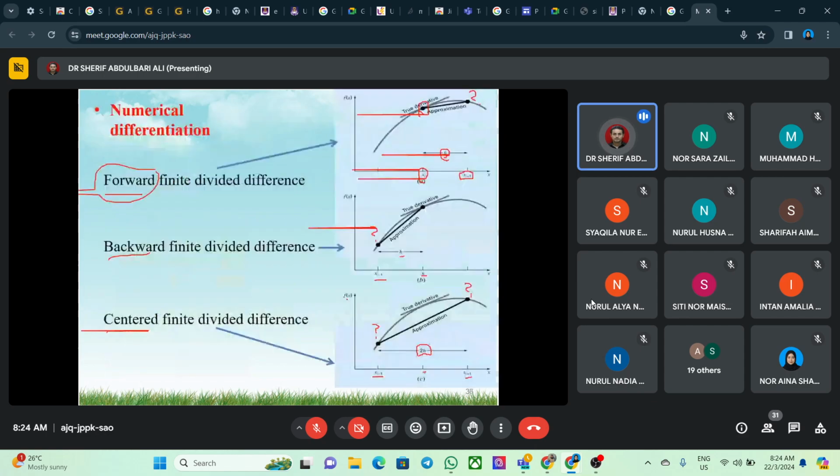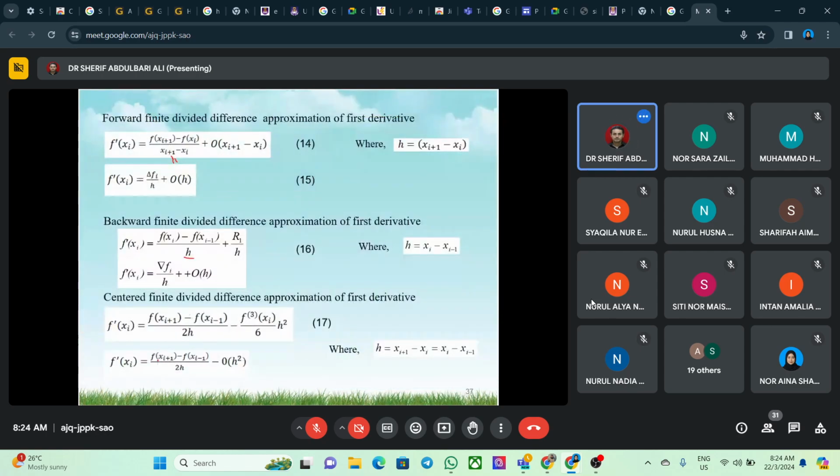For the center finite divided difference, remember that it's from x plus 1 to x minus 1, so the equation is the function of x plus 1 minus the function of x minus 1, over 2 step sizes. The difference here is that for the forward and the backward it's a single step size, but for the center we are talking about 2 step sizes.